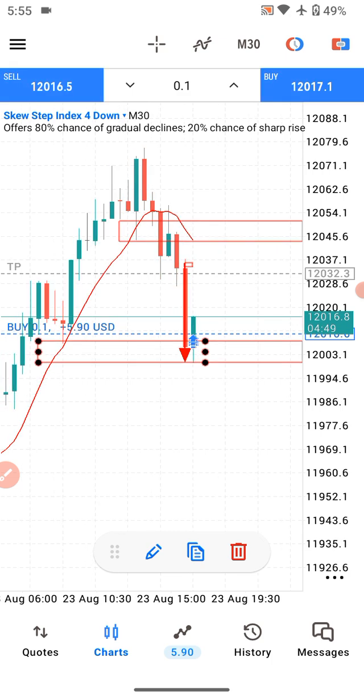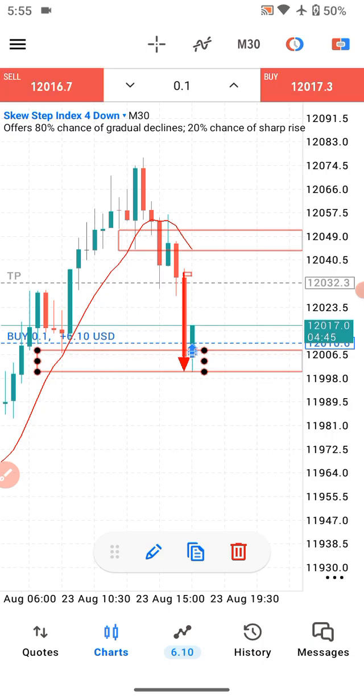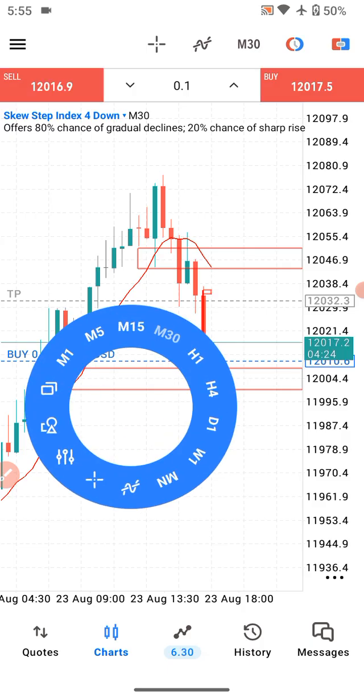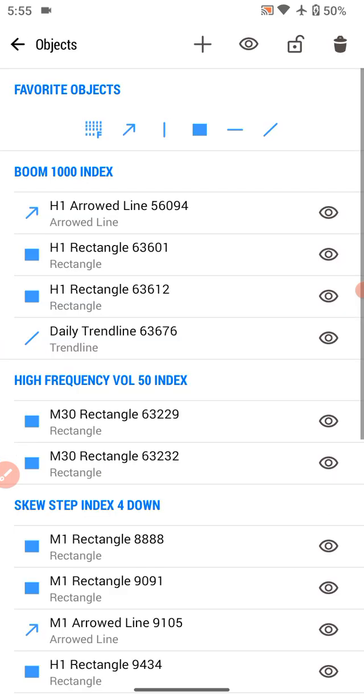And sometimes markets do take a long period before they reach their maximum capacity to the upside. Like you see here, the market used the whole 1 hour to go from this point.